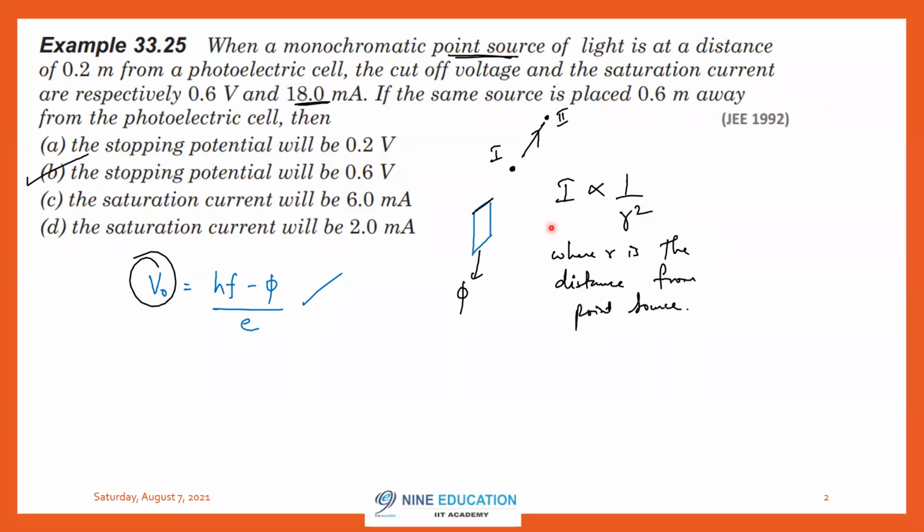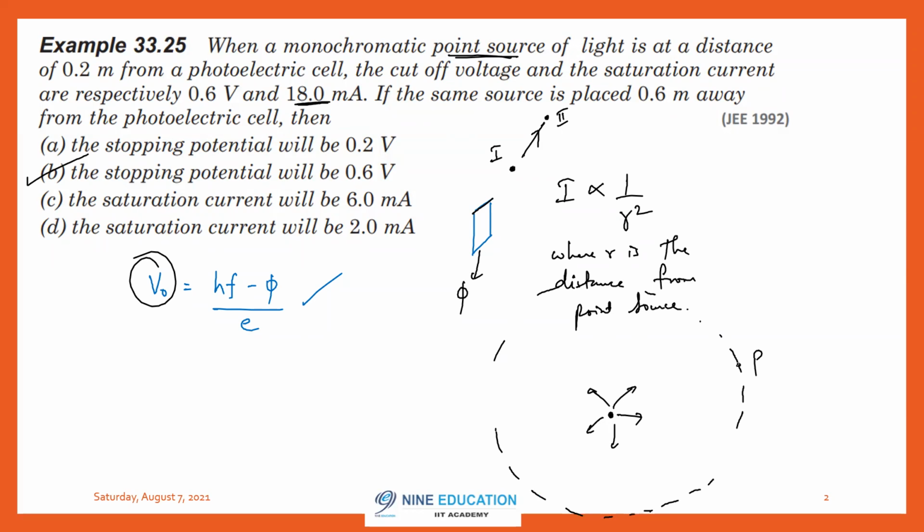How do you get this expression? Can you tell me? First of all, what is intensity? Power by area. Assume that this is a point source emitting constant power in all directions. Now take this point P and form a sphere like this.